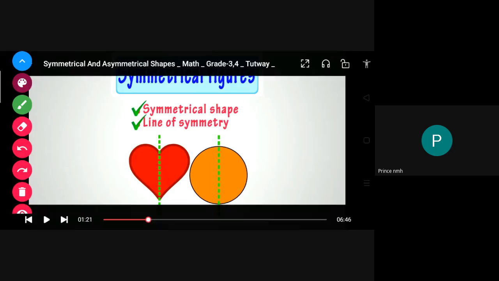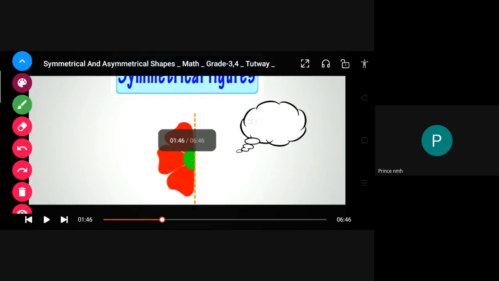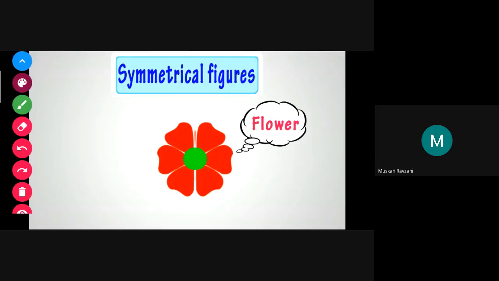Now any doubts? No, ma'am, no doubt. Now a flower is given. Sometimes some flowers have a very unequal shape, like a rose or something. We can't divide that. But some flowers have a perfect shape that we can. So you have to think about this also. Yes, ma'am, we can divide this flower.